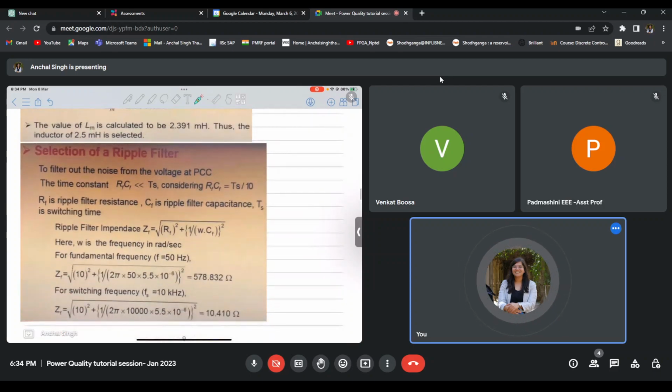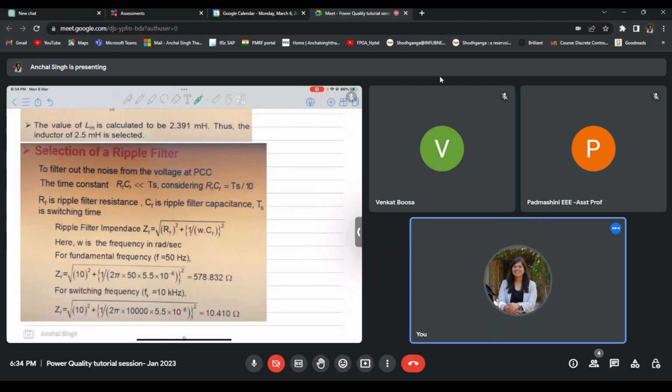Now, if we talk about the design of the ripple filter, we have discussed this before that the ripple filter is supposed to absorb the switching frequency components. Therefore, we design it in such a way that it takes care of frequency components which are above 5 kilohertz because we have 10 kilohertz switching frequency. So let us assume that I am taking the 10th of that.